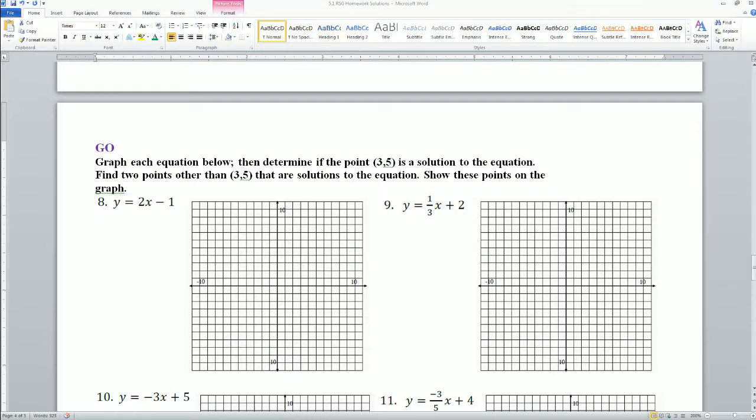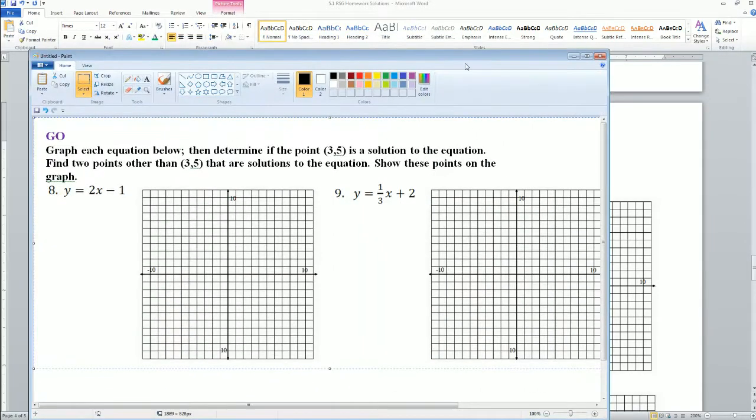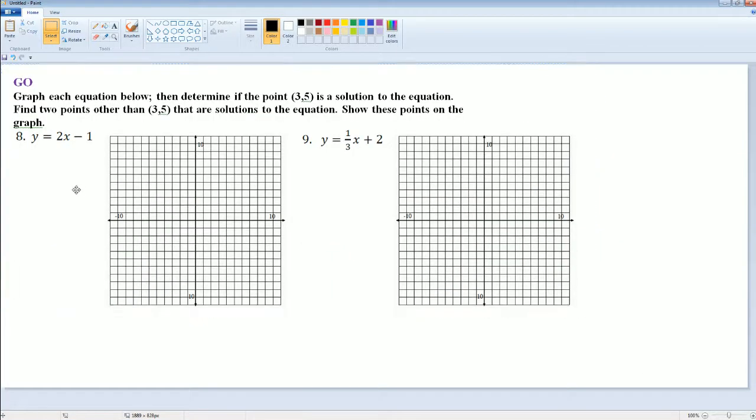Give me a second here because I'm going to try to pull it up in Paint for you. Again, because some of you would like more practice on graphing, that's why I'm going over it in detail.